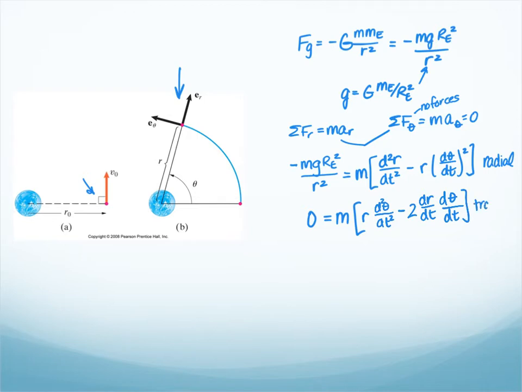And so that's the transverse equation. That's the transverse differential equation. So we're going to look at that equation. Because it's equal to 0, it's easy to manipulate it. And we're going to get rid of the mass because we don't really need it. Sorry, I should have a plus up here.